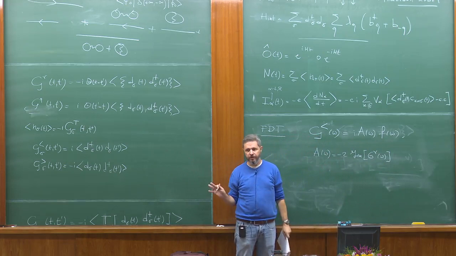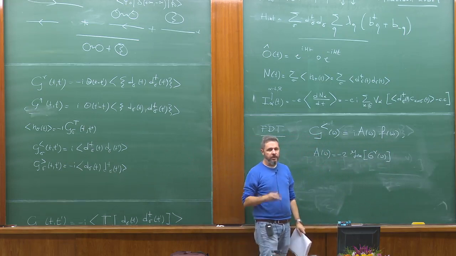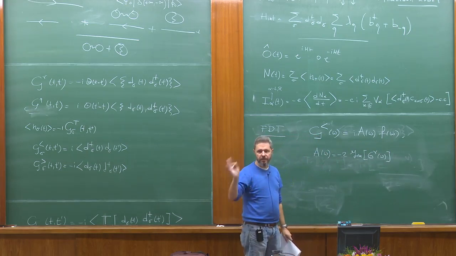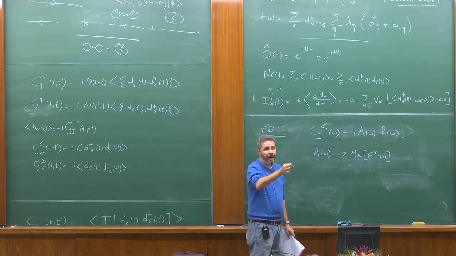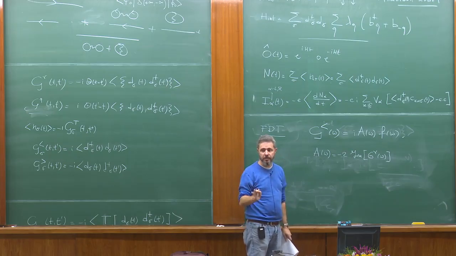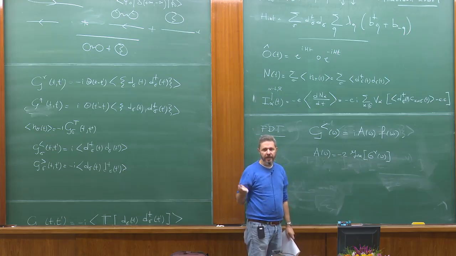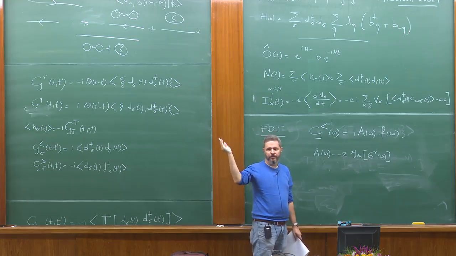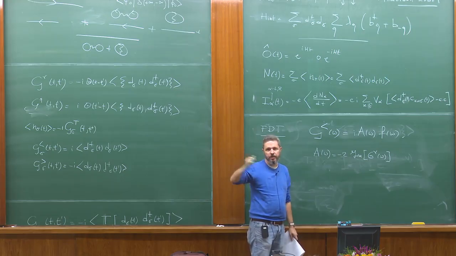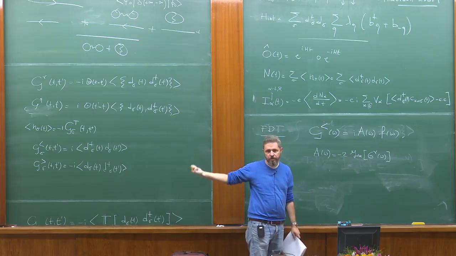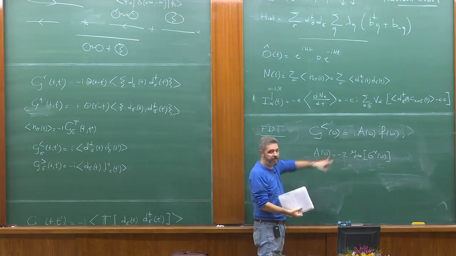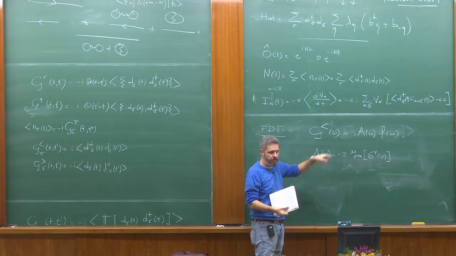You know everything about your system. So the only important thing is to know retarded and advanced Green functions. And that is why Matsubara formalism works so well. You don't care about imaginary time Green functions. At the end of the day, what you have to do is make the analytic continuation and compute retarded or advanced Green functions. That is the physical reason.